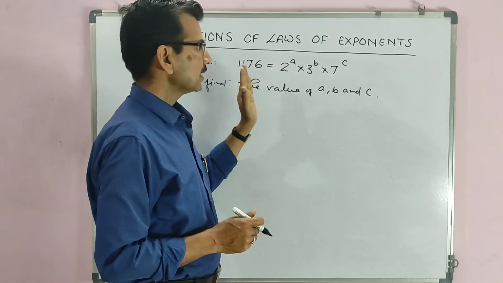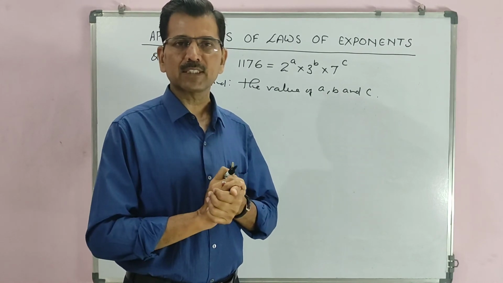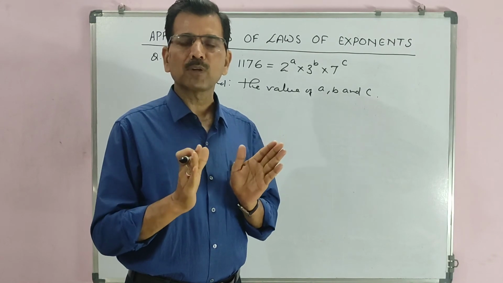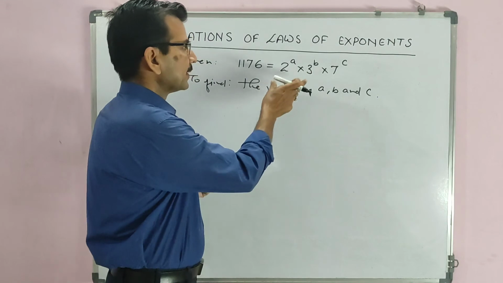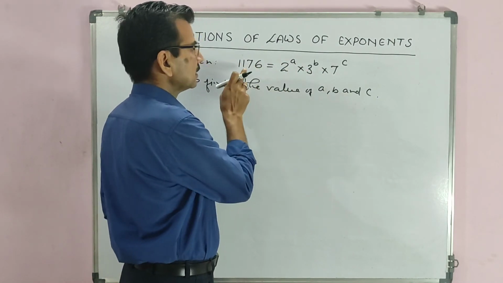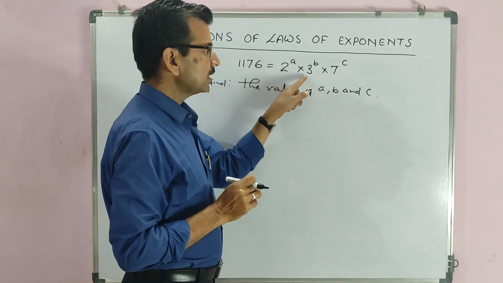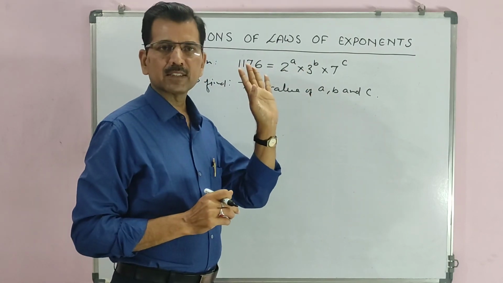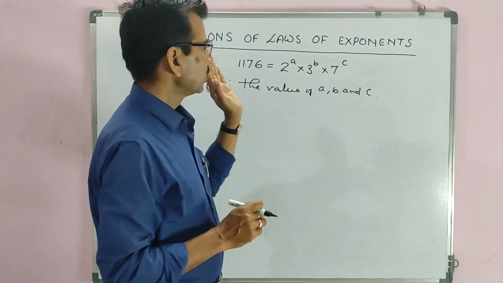Okay, so I told you often that we observe the question first and then we can plan it in a very proper way, and then we can go for solving that question. When we see both sides, the RHS is given in the form of factors 2, 3 and 7, and there are some powers in the form of a, b and c.